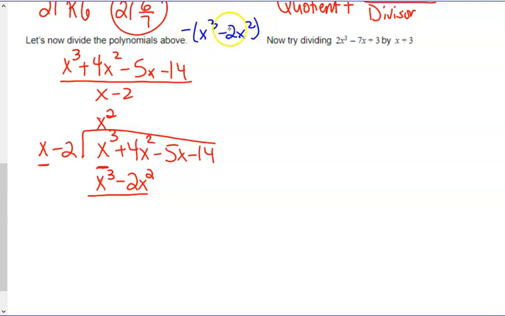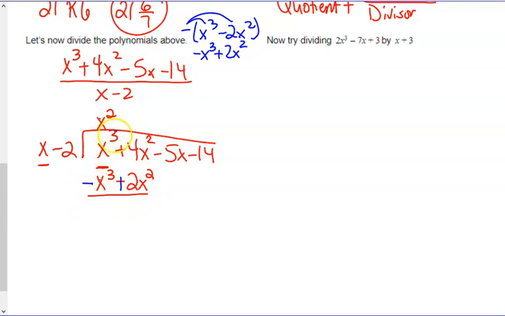And when we have two terms, it's very important to remember that you must distribute that negative through, okay? So in layman's terms, the signs of these two terms will change. If I'm going to subtract, that means I have to change the sign on both of those. If I were to distribute, this would be a minus x cubed plus a 2x squared, which is exactly what I have right here. All right.